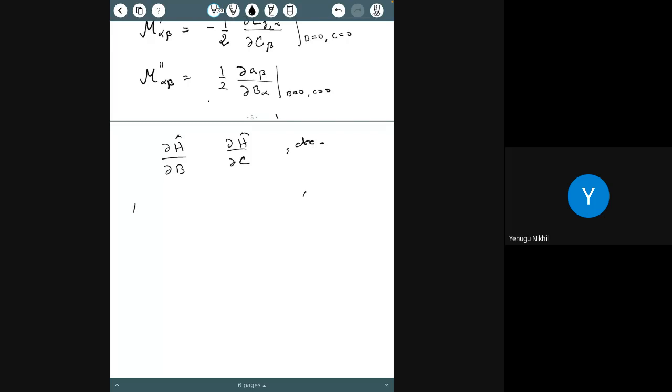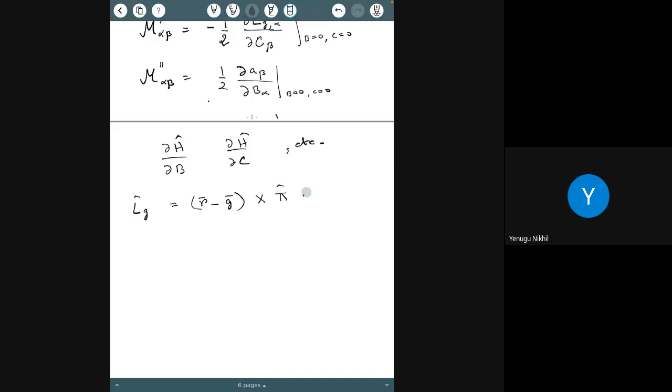So what you're familiar with is the angular momentum, for example, and the operator is basically R minus G, I did not introduce this notation, so R minus G, cross Pi.